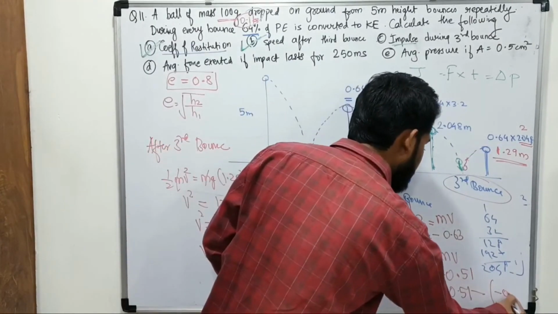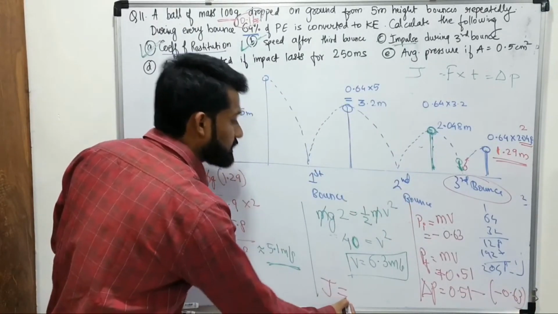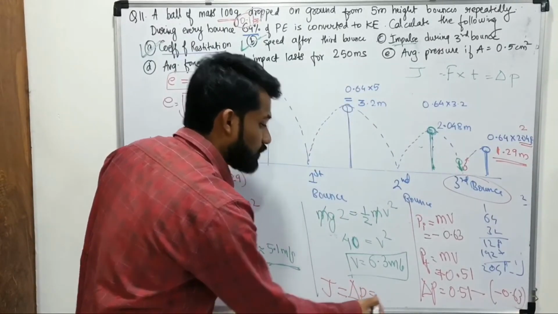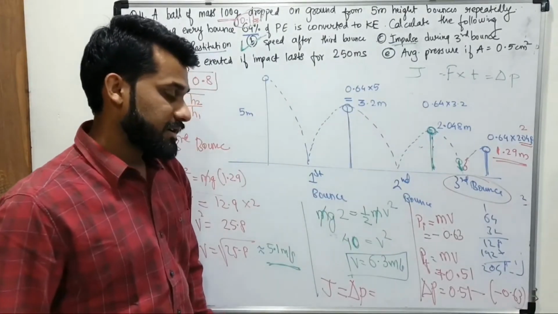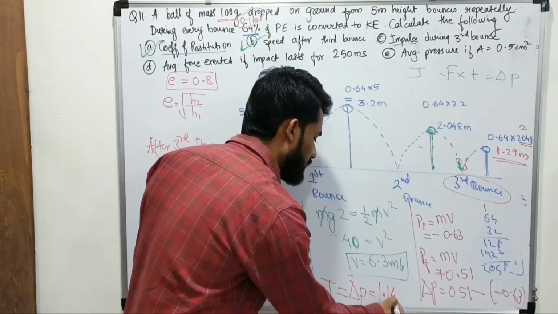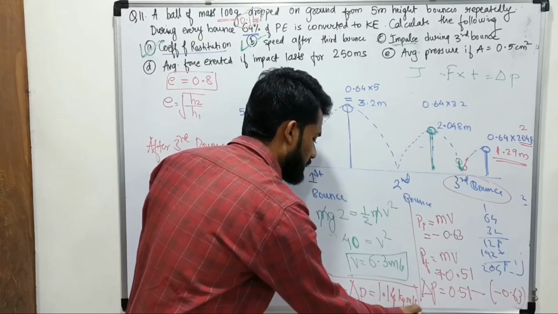It is already negative. So basically these two numbers will get added, and momentum, impulse, which is change in momentum, will be equal to this plus this. And 51 plus 63 is 114. That is 1.14 kg meters per second. This is the unit of impulse.